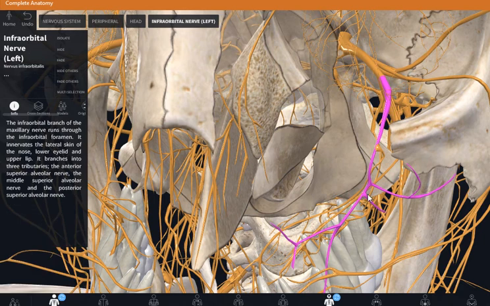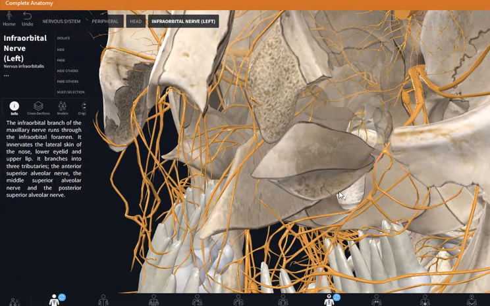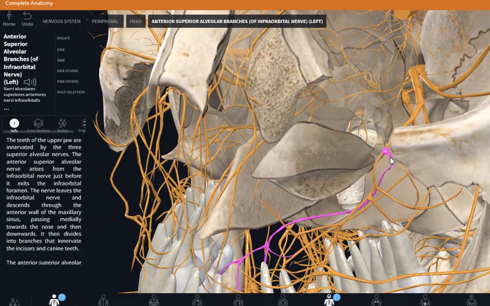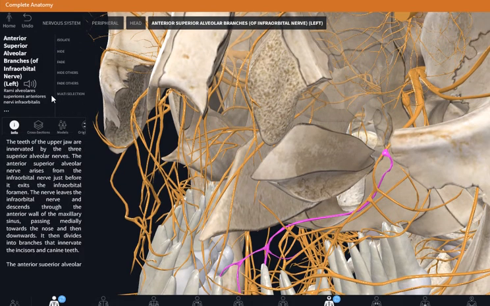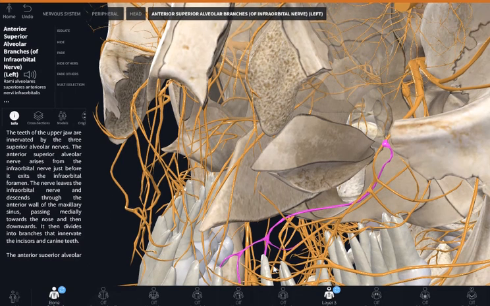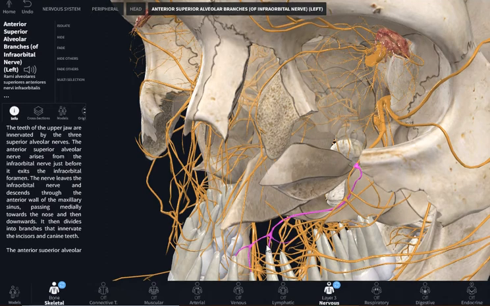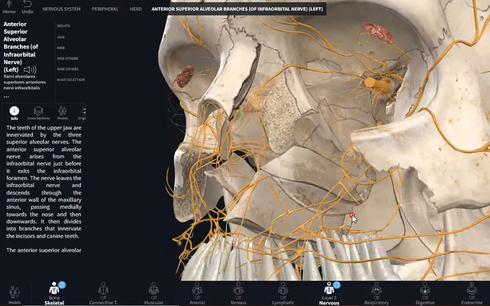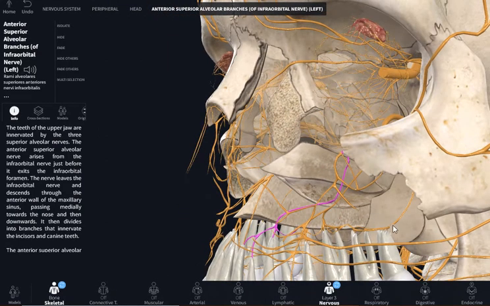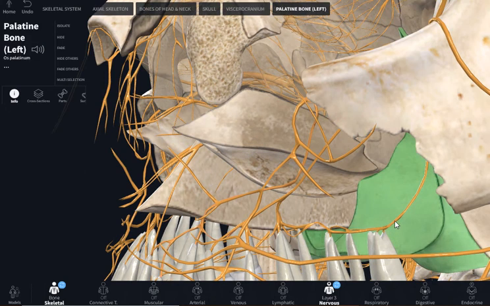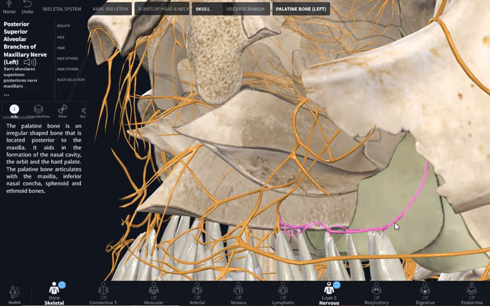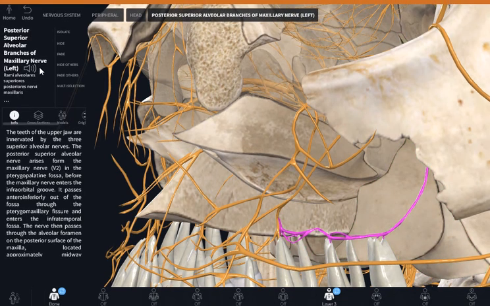The infraorbital nerve has a small branch on this side called the anterior superior alveolar branch, which supplies the dentition at this portion. We also have a posterior supply to the dentition at this level, called the posterior superior alveolar nerve.